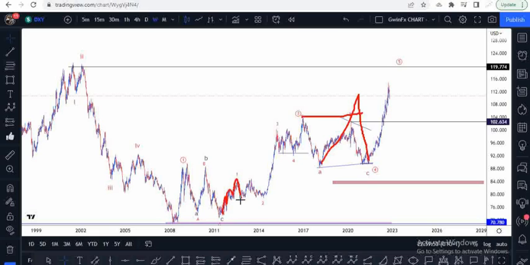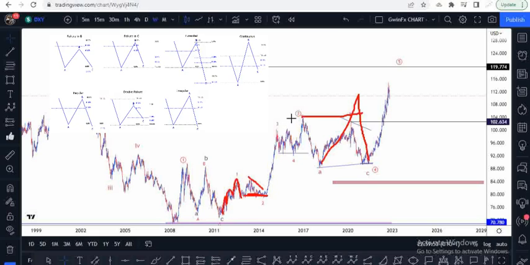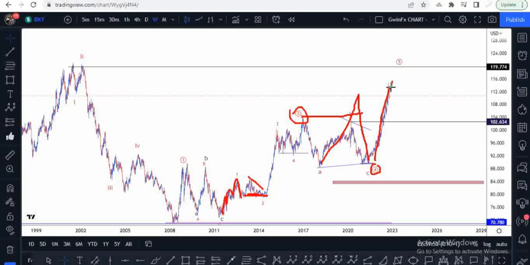We had some sort of corrective pattern here that created wave 2, and this was a wave 3 extreme which we're working out as a dim, and then we had a wave 4, and then it's actually wave 5. So be looking out for when this wave 5 is going to end. That's the $1 million question here.